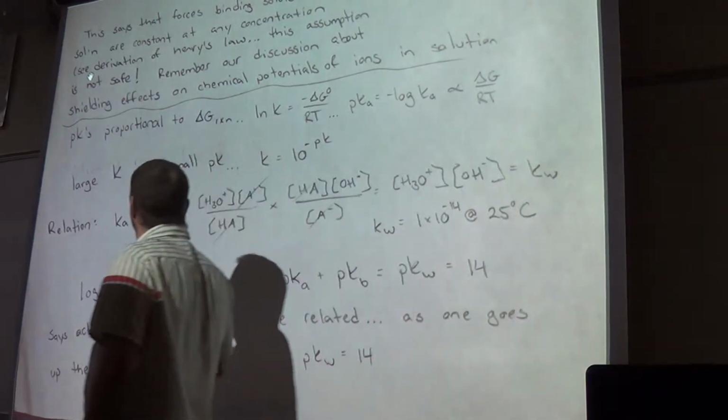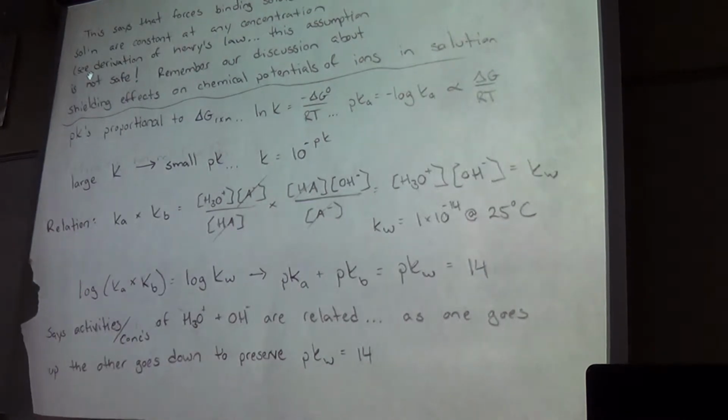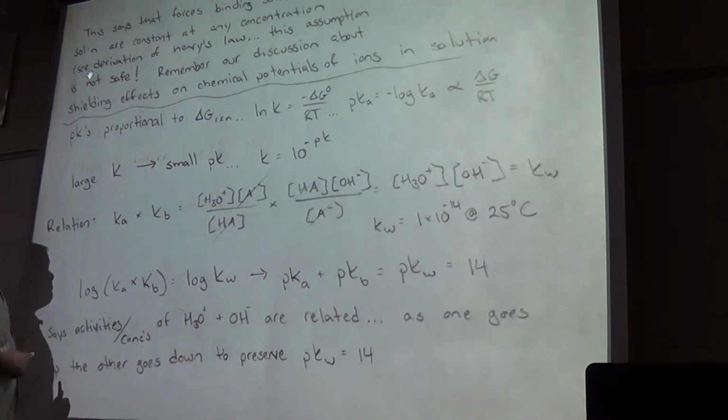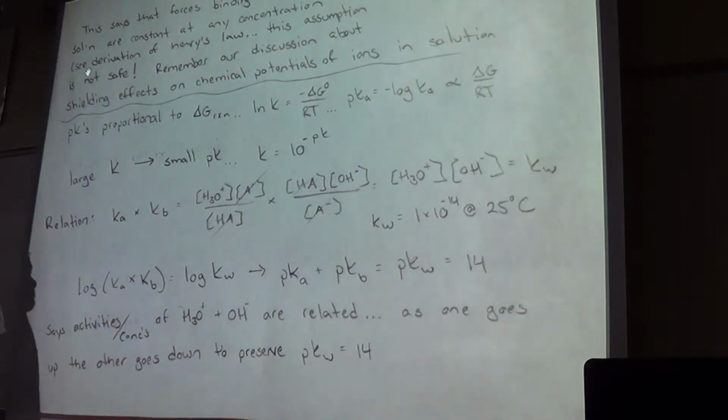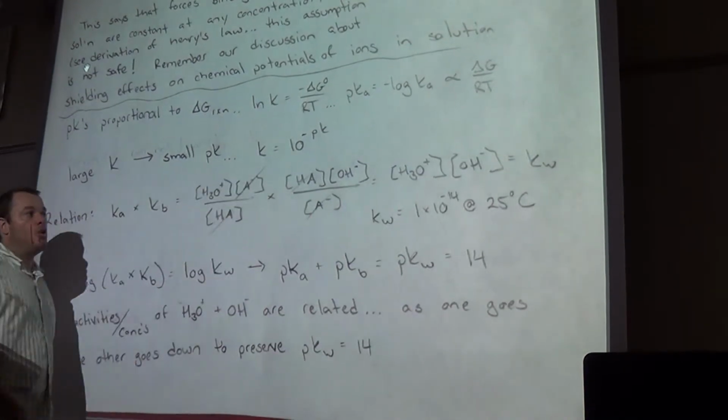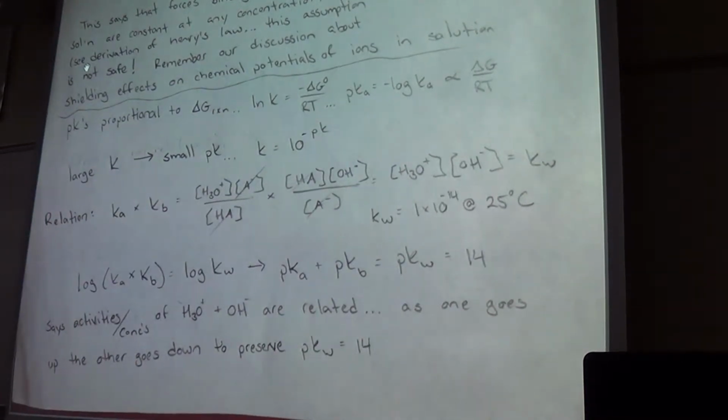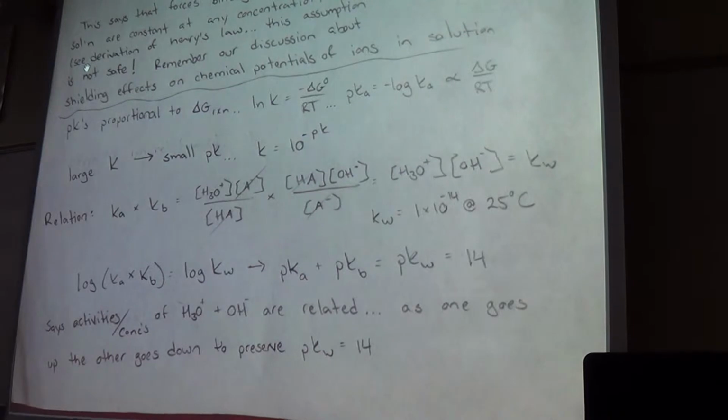If we have a large equilibrium constant, this is going to mean that we have a small pK. Again, to get K, we have to raise 10 to the negative power of the pK. So the larger the pK is, the smaller the K is, and the smaller the pK is, the larger the K is. So large K goes to small pK, and small K goes to large pK, right?